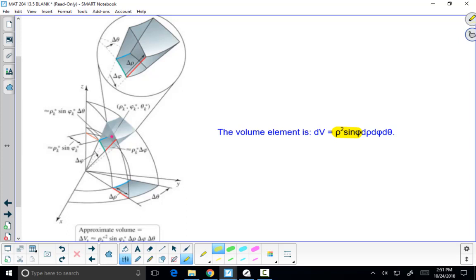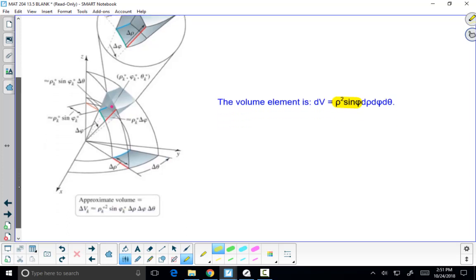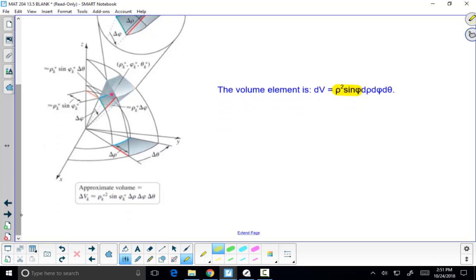All right, so there's a whole bunch of math involved in figuring out that the volume of this spherical element is that. We won't do that, we're just going to use it. And that's from Cartesian to spherical? Cartesian to spherical. So dv in Cartesian is dx, dy, dz. So if we write all three of them up here that we have now, the simplest one is Cartesian, dx, dy, dz.